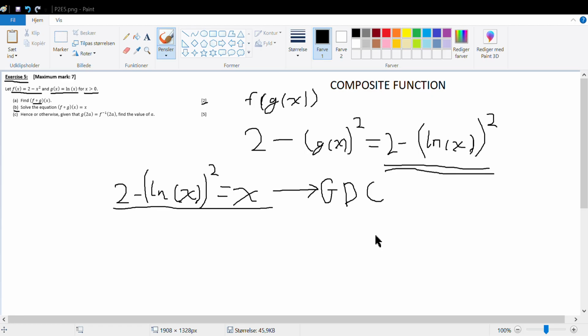So for instance, I could graph the function 2 minus ln x, squared, which will take a little moment, but I'll try and see if I can get it working.